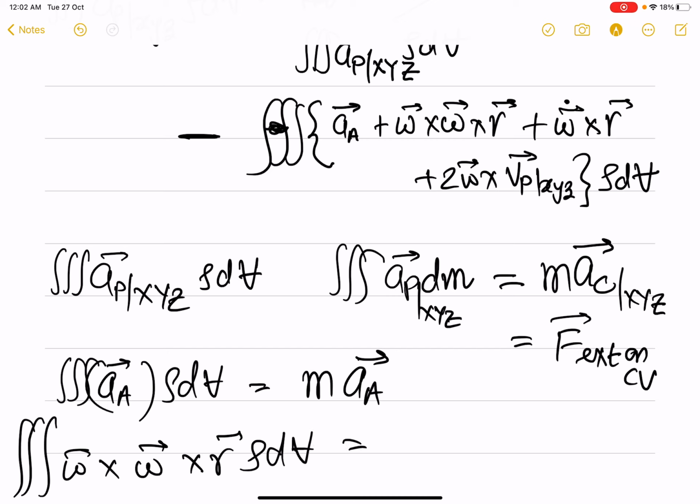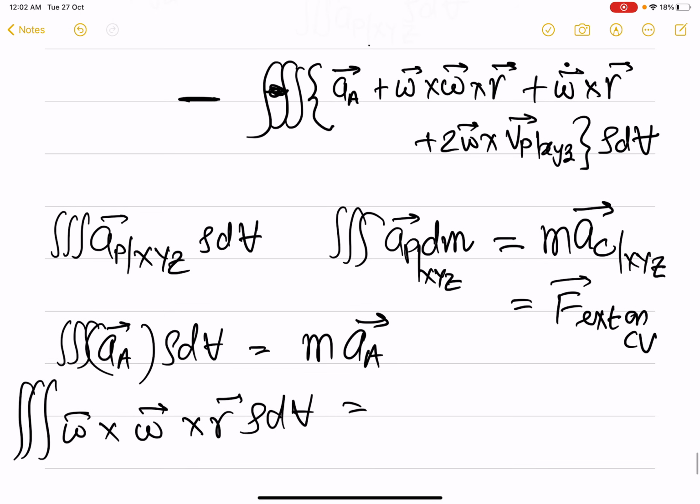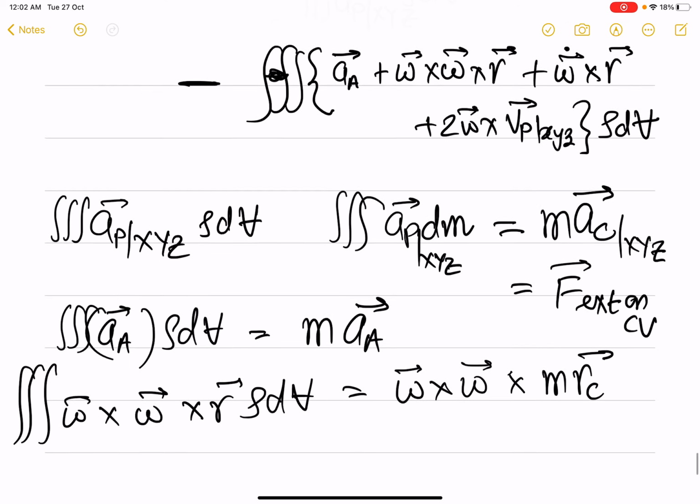Now recall, omega is just the same for the entire frame. It does not depend on rho dV because that's all a part of the control volume. So this term becomes omega cross m times r_c. Integral r dV is just r of the center of mass, assuming the density is constant.